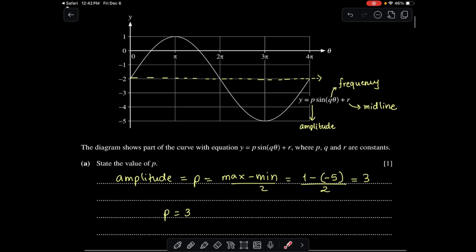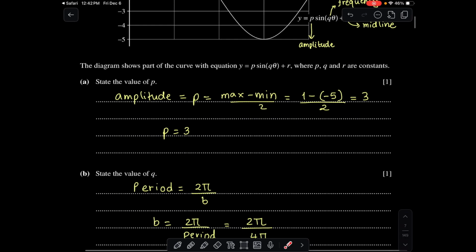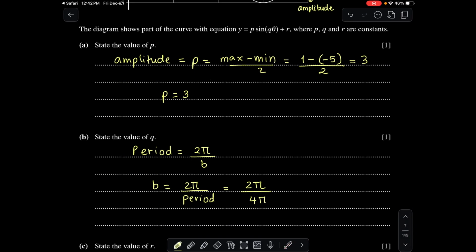Because one full sine wave is appearing in 4 pi. So the value of B is going to be half. B in our case is Q, so Q is equal to half.